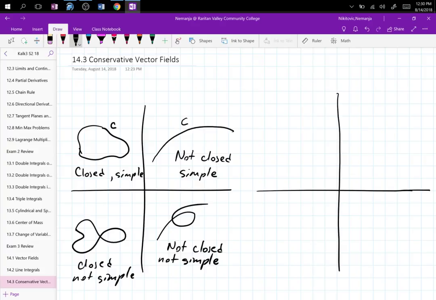So if it intersects itself, it's not simple, and then you have open and closed, which is closed and not closed. So that would be for a curve C.